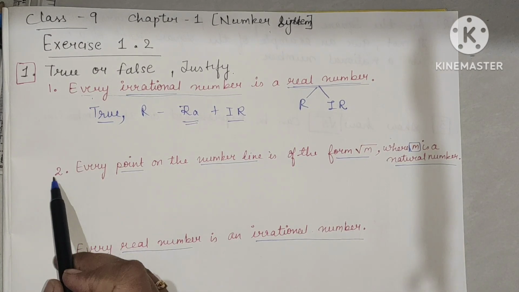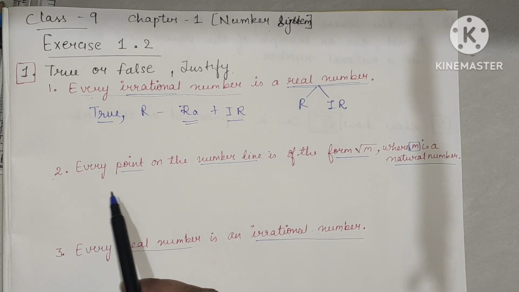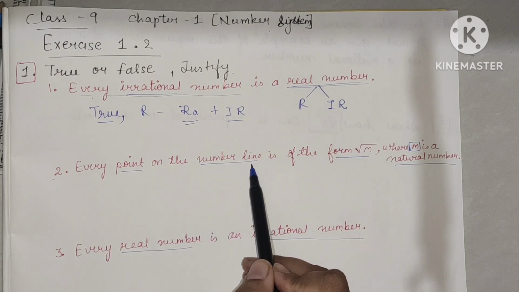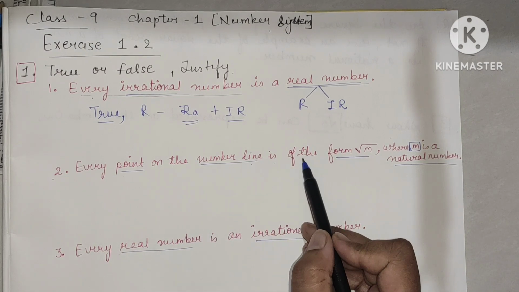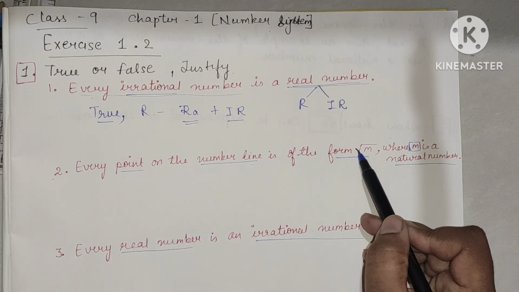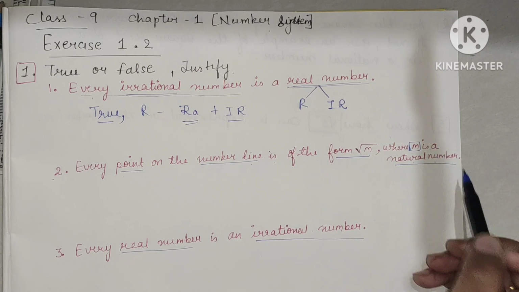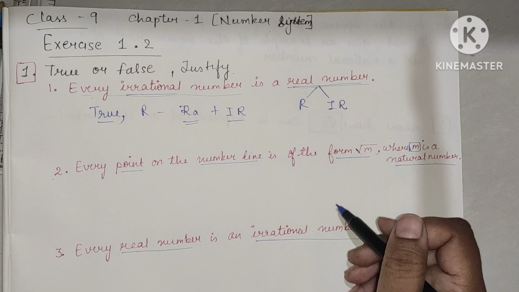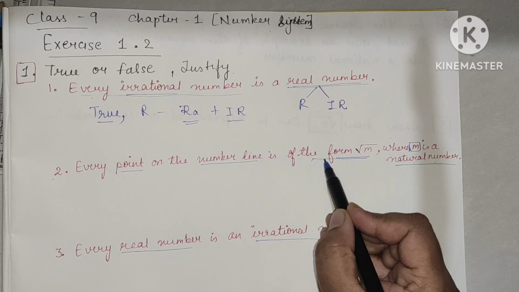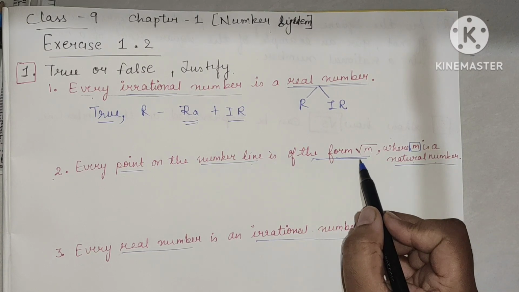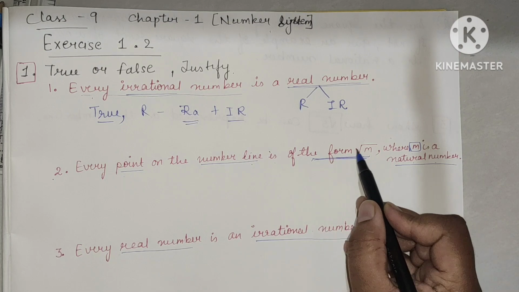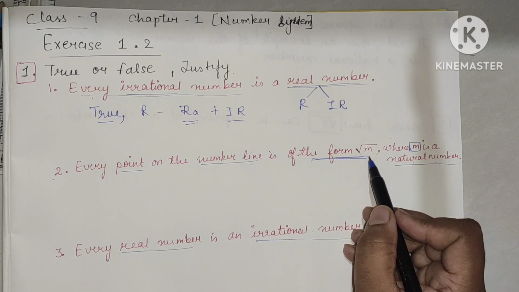Now we'll see the second statement. Every point on the number line is of the form square root of m, where m is a natural number. Here obviously the number line does not have only the form of square root of m. Why?